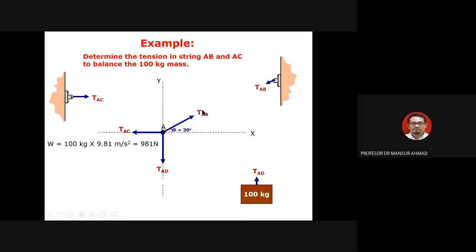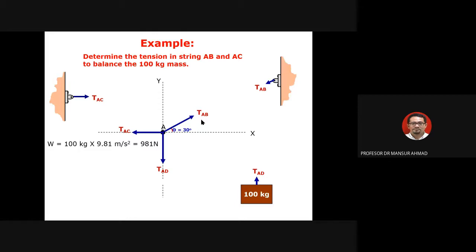I subscript this as T, because for a string, rope or cable, you cannot apply a compression loading. You cannot push. You always pull, or tension. If you talk about string, you cannot push.